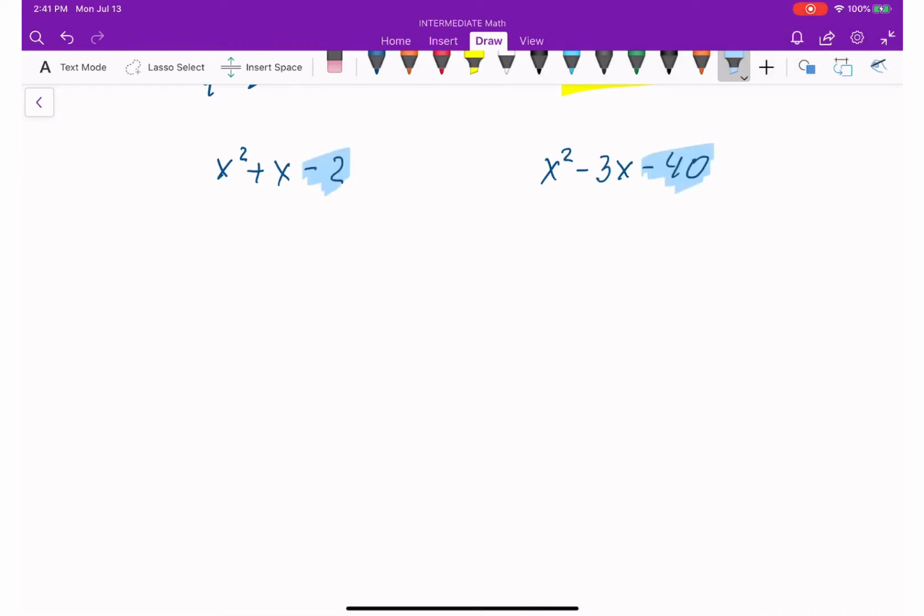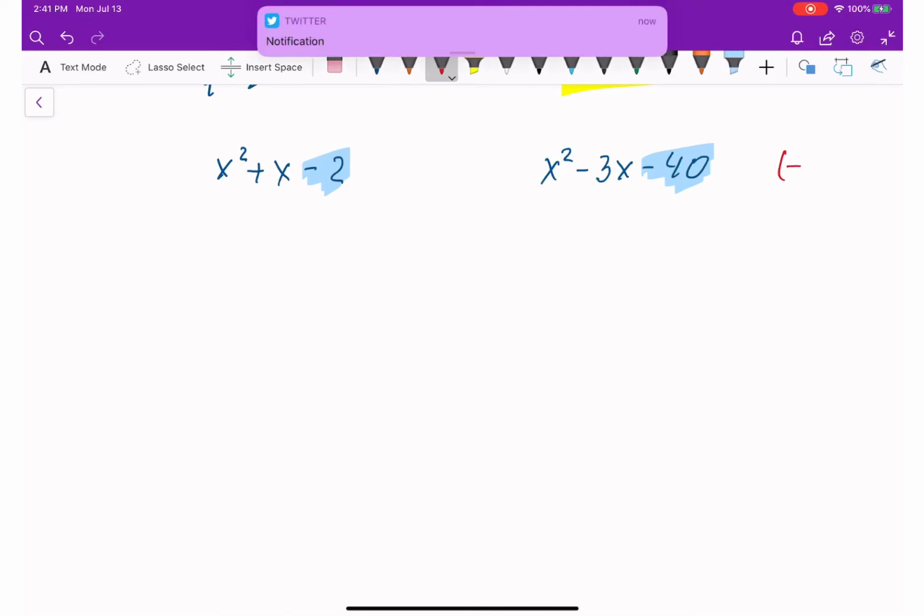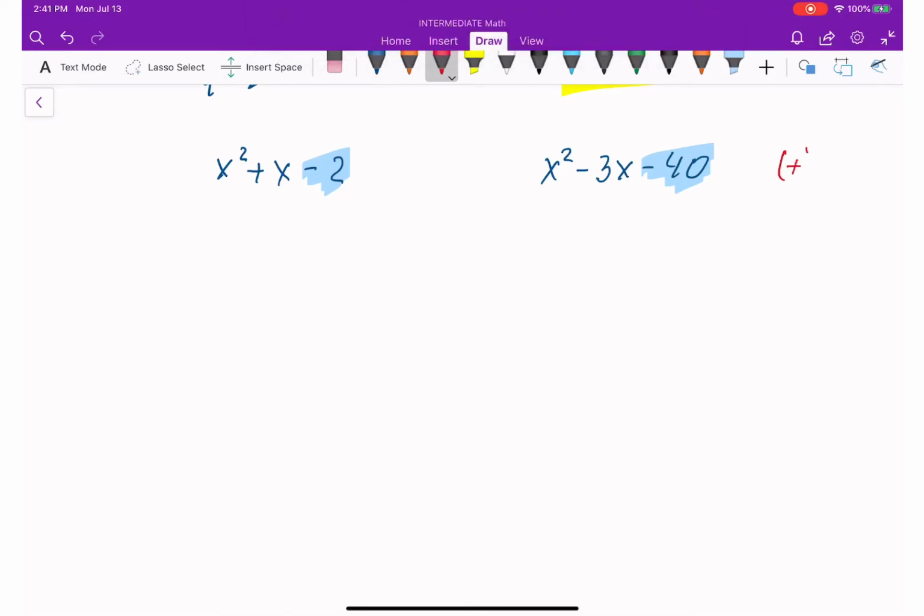So when product is negative, that means one number is going to be positive, the other one is going to be negative. Or one is going to be negative, the second one is going to be positive. So in both cases, my sign is going to be negative. Yes? Okay. So now we need to figure out which one is positive, which one is negative.